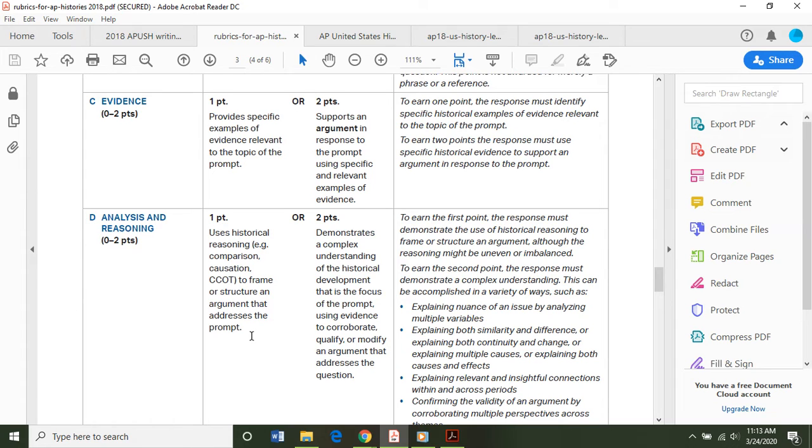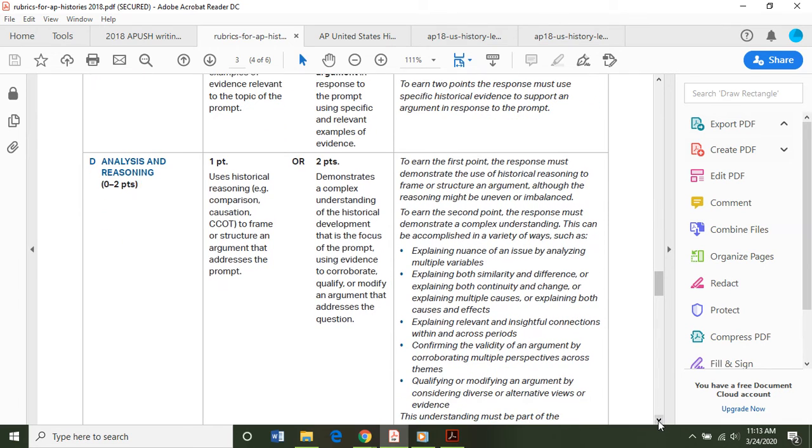It doesn't have to be, as it says here, it can be uneven or imbalanced, meaning you spent more time on causes than effects. If you just spent the entire essay talking about causes, no problem. You should get this first point. Getting this unicorn point is much like we talked about in the DBQ rubric breakdown. I call it the complexity point or the unicorn point because it shows up maybe once every time you see a unicorn.